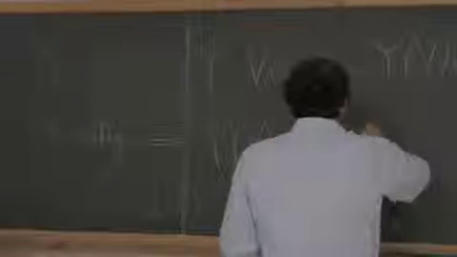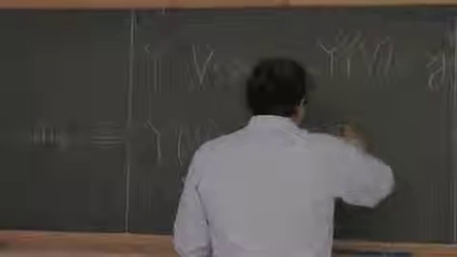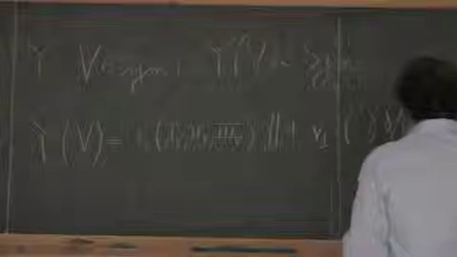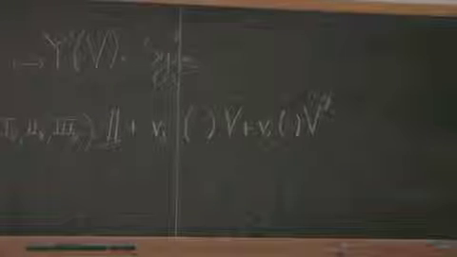Y isotropic implies that Y of V has this particular form. You may believe it is too simple, even.